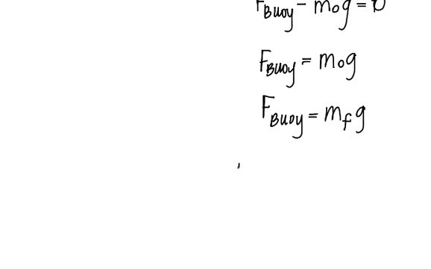So what's mass in terms of density then? The density times the volume times g there. So rho v is our substitution for the mass of the fluid. So this would be the density of the fluid and the volume of the fluid displaced, and that's really important.